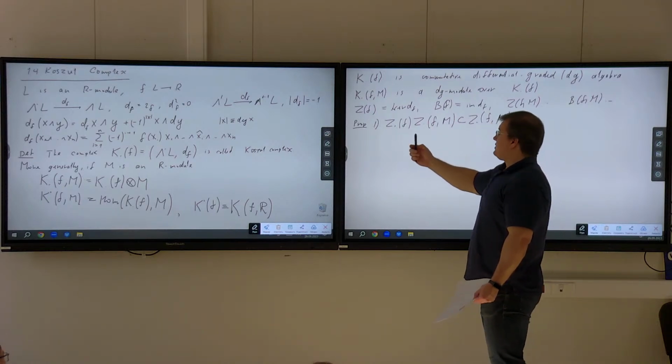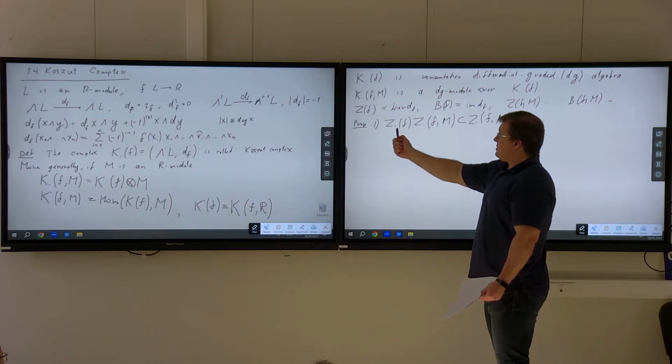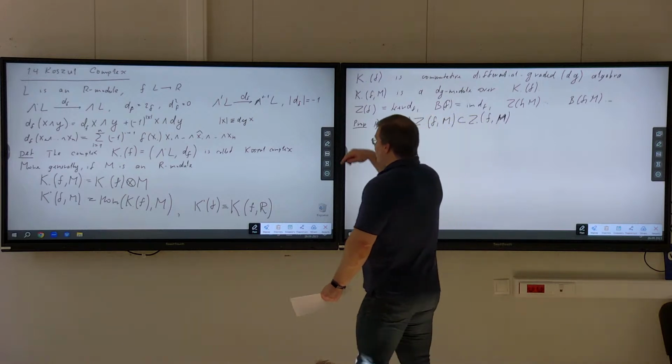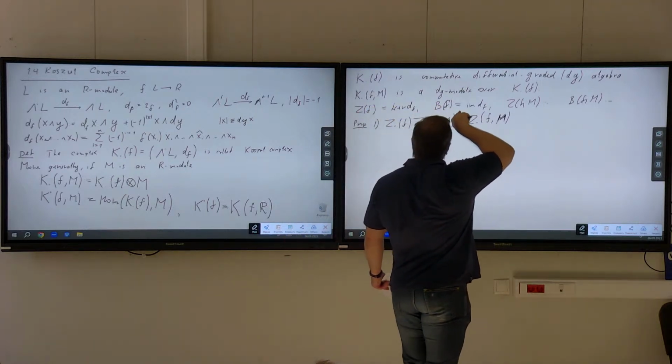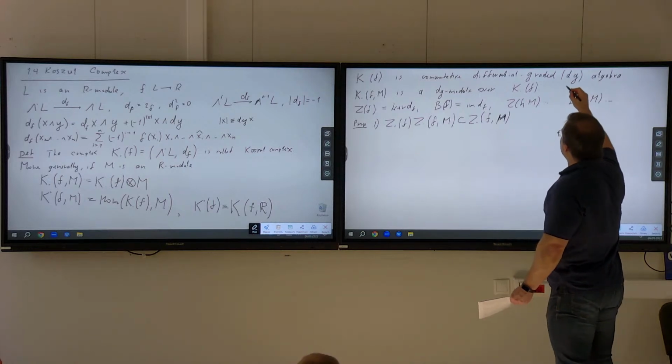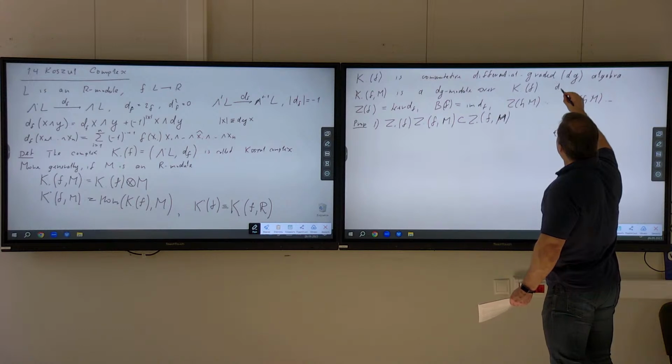And the claim is just saying that if d of this thing is 0, d of this thing is 0, then you apply the product rule. Well, saying that this is a DG module means that I have a product rule for the differential depending on f and m.